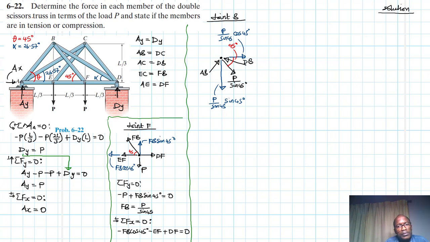And then let's get the components of AB. I'll use green. We know this angle also for AB. This angle here is 45. So AB here is just going to be equal to AB cos 45, and then we'll have another component in this direction like this.